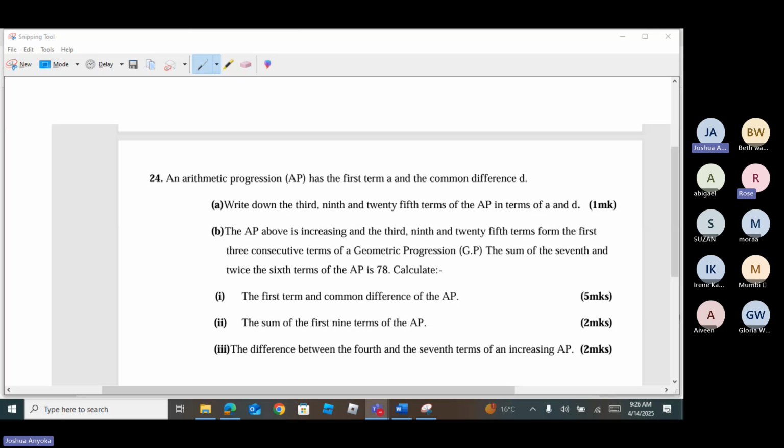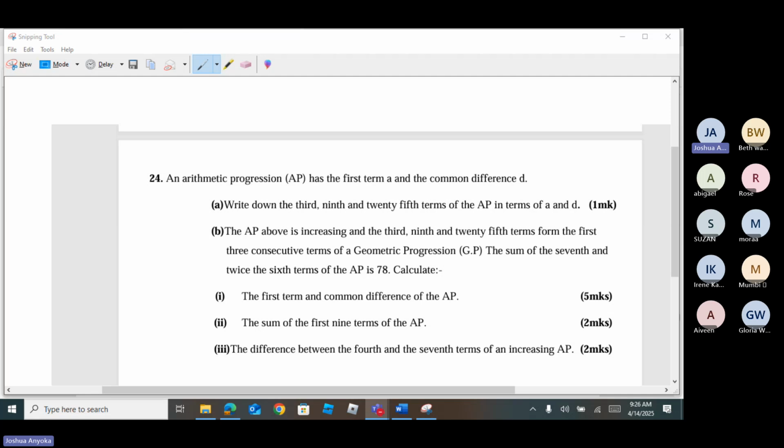The sum of the 7th and twice the 6th term of the AP is 78. Calculate the first term and the common difference of the AP, the sum of the first 9 terms of the AP, and the difference between the 4th and the 7th term of an increasing AP.